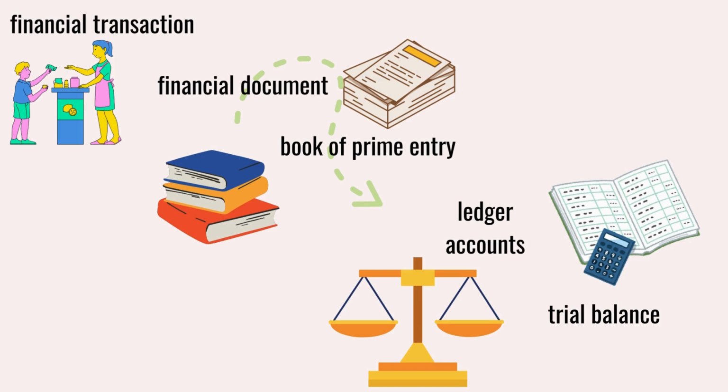Once that's done, they should be balanced: you add the debits and you add the credits, and it should be balanced. Basically, it has to be equal.